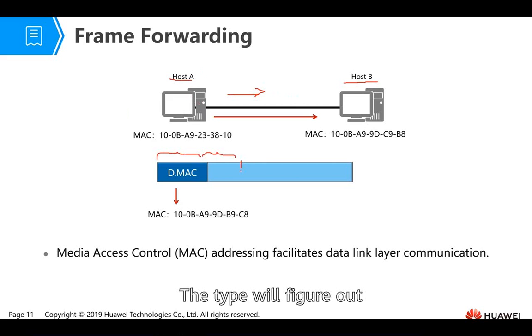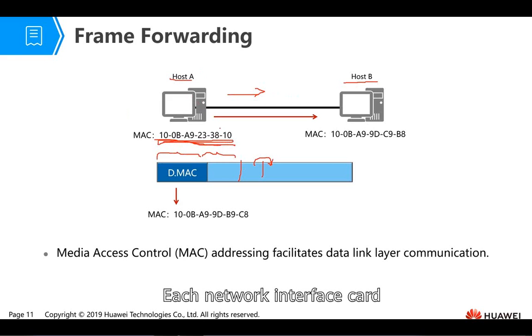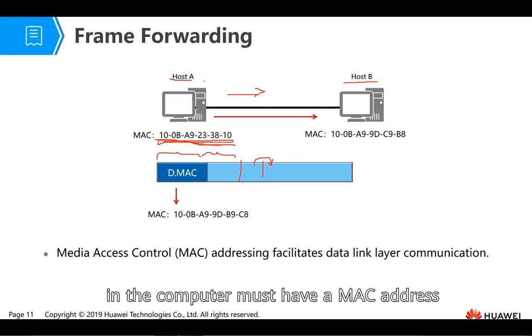The type figures out what is carried in the upper layer. The MAC address, we know, is a burned-in physical address. Each network interface card in the computer must have a MAC address.